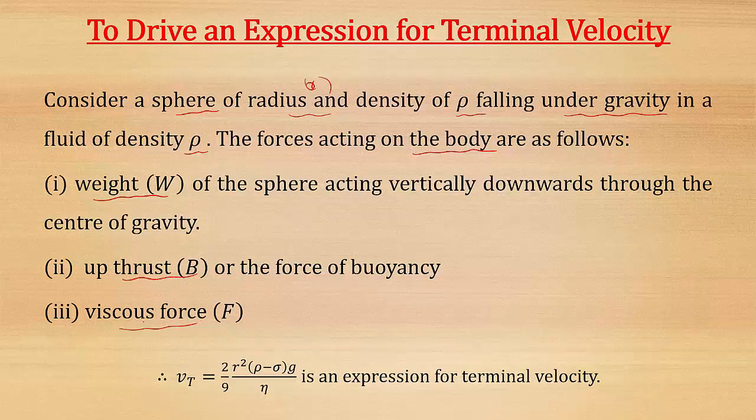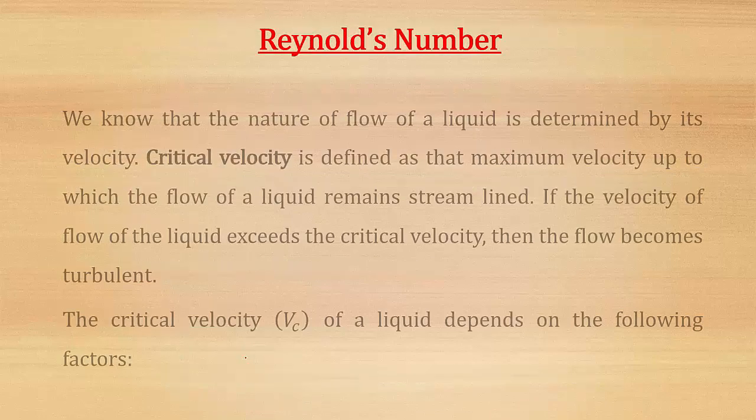On these 3 forces, the body is acting. So generally, I am going to directly write the equation. Vt, terminal velocity, is given by the equation 2 by 9 into r square into (rho minus sigma) into g divided by eta. So this is the expression for terminal velocity.